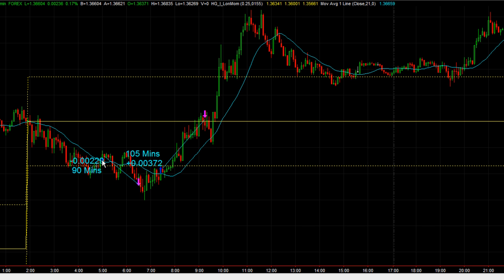The first long we got was at about 445, and that turned out to be a failed trade with a 22 pip stop. After that, we had a successful trade. We went long again, and we made about 35 pips, including spread, on that trade. So all in all, you could say we made about 10 pips for the day.